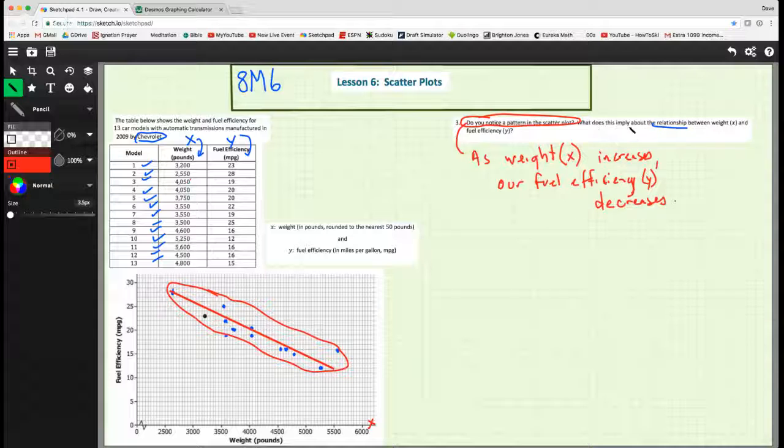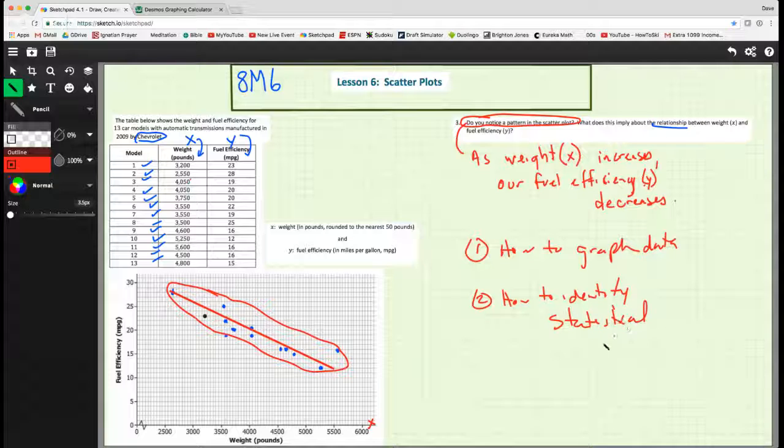That's another good way of identifying what the pattern is. So what does this imply about the relationship between x and y? Well, it implies that as the weight increases, our fuel efficiency decreases. Okay, so that's all we're trying to do: one, see how to graph data, and two, how to identify a statistical relationship.